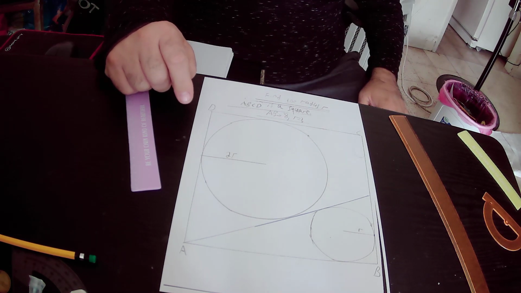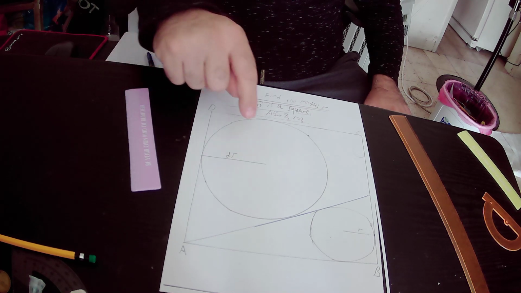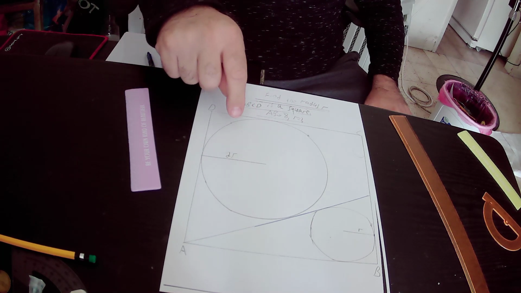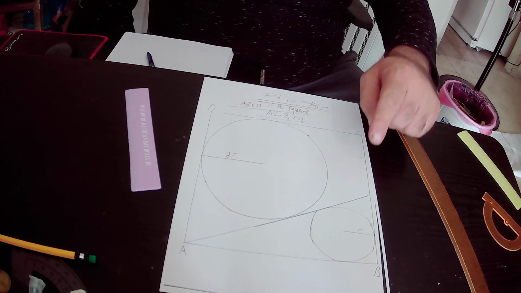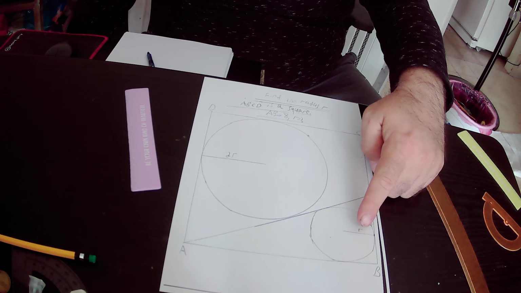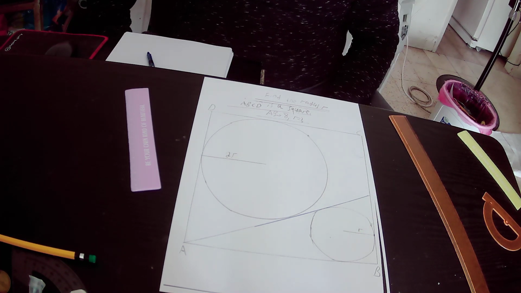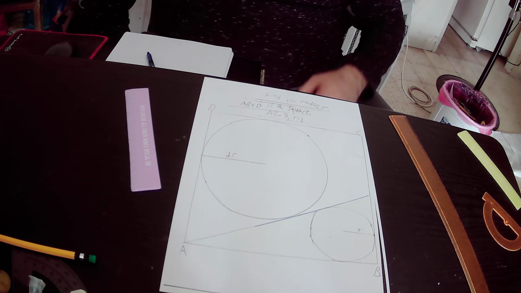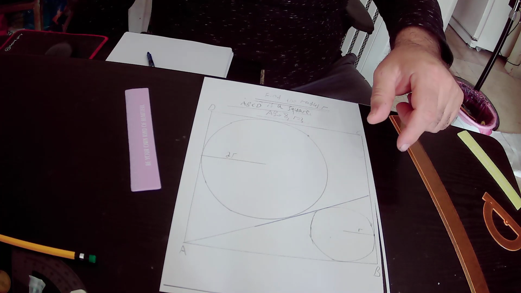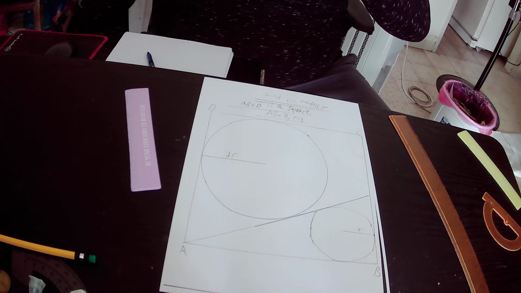So one side of this square is equal to 8 units, and we also know that the radius of this big circle equals 2r, while the radius of this small circle equals r, and we want to find out the size of r, or the value of the radius of this small circle.